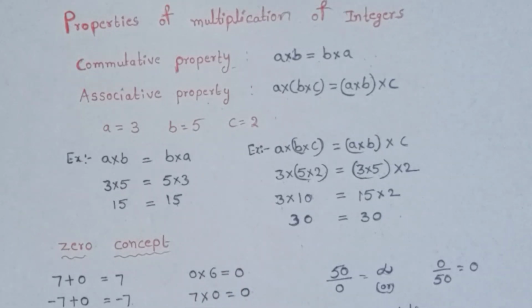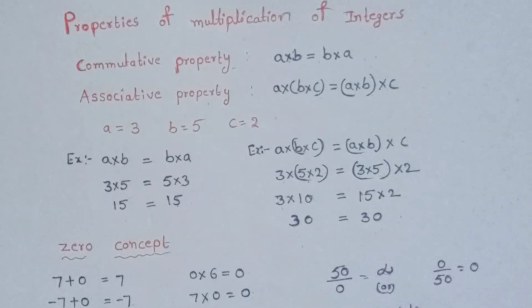If 0 is multiplied with any number, any big number, then the answer is 0 only. Lakh into 0, 0. 1000 into 0, 0. So 0 multiplied with any big number, the answer is 0.